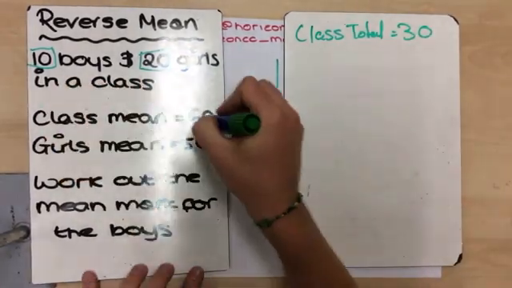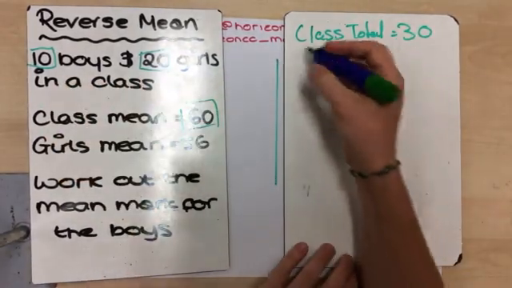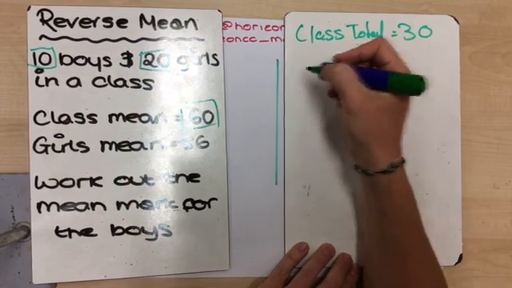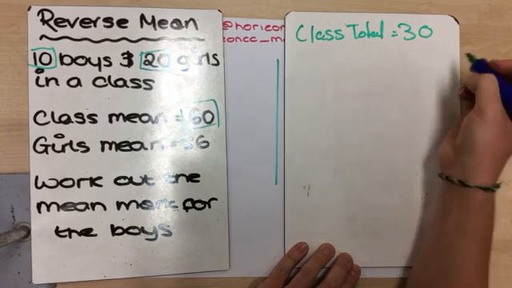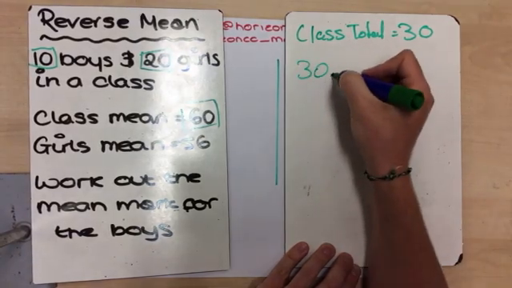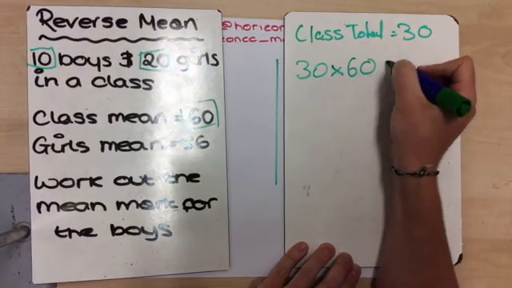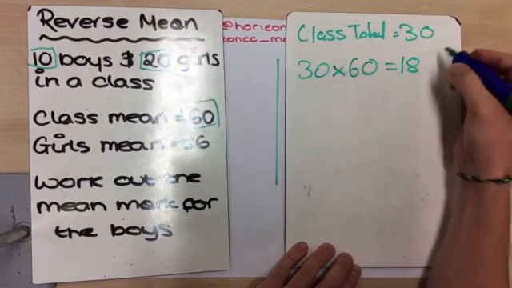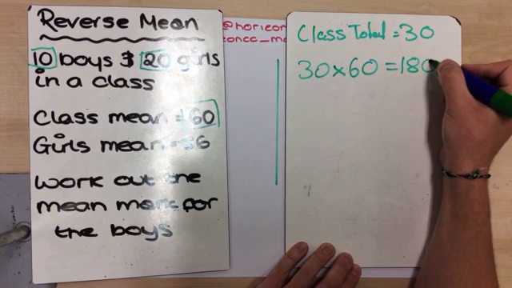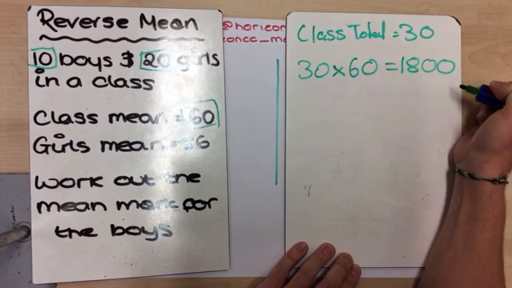As the class mean is 60, if I can work out the total that those students scored, I will do that by doing 30 multiplied by 60. 3 sixes are 18, but it was 30 times 60, so that would be 1,800.